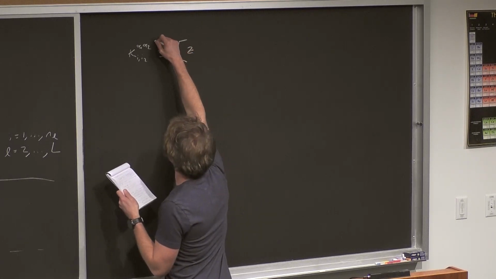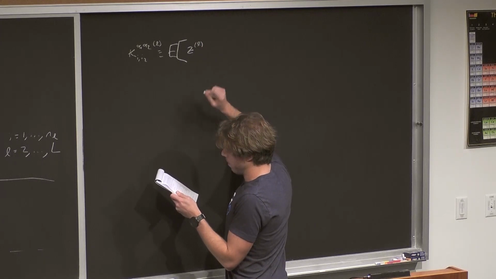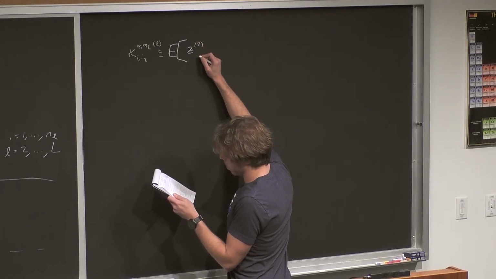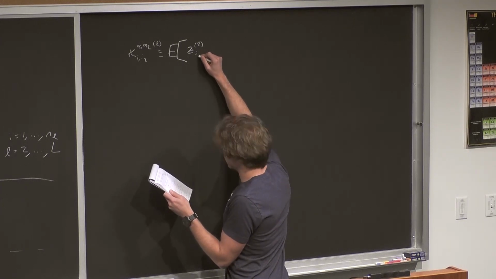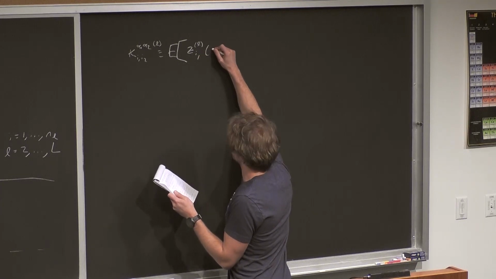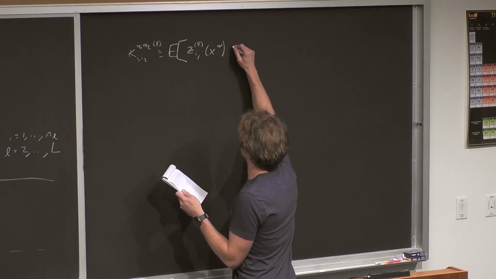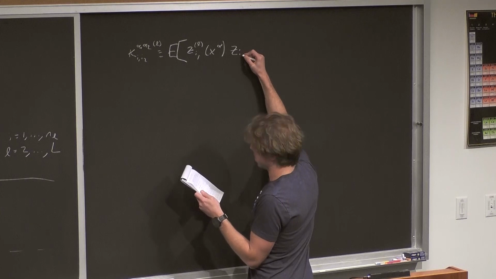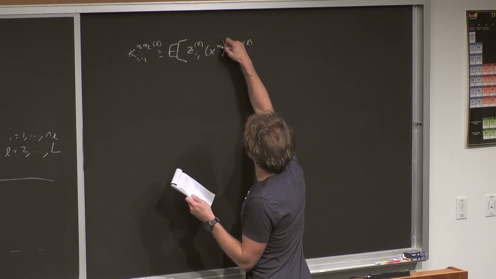So this is, say, the kernel at layer L. It's the correlation between two pre-activations at layer L on different inputs.